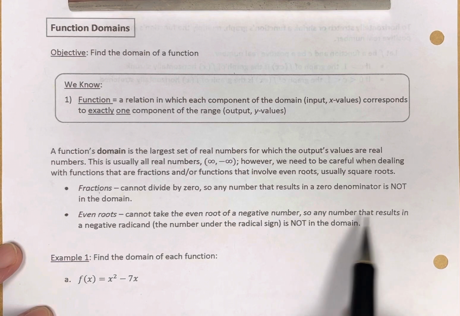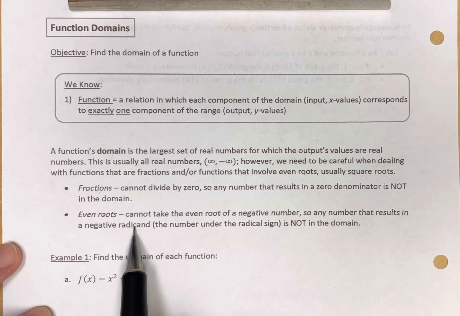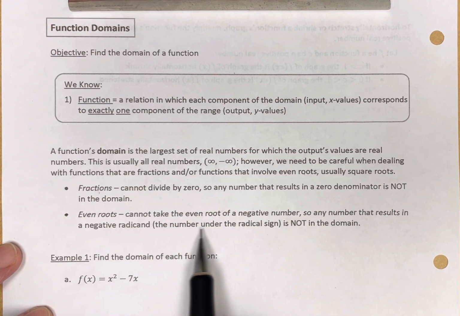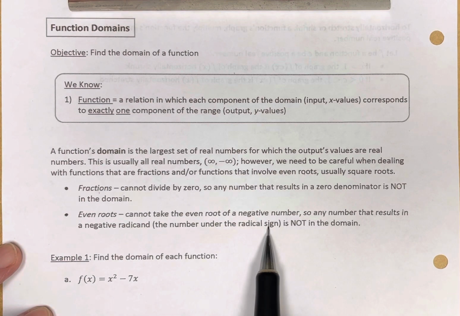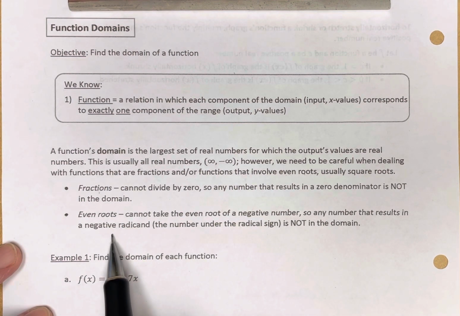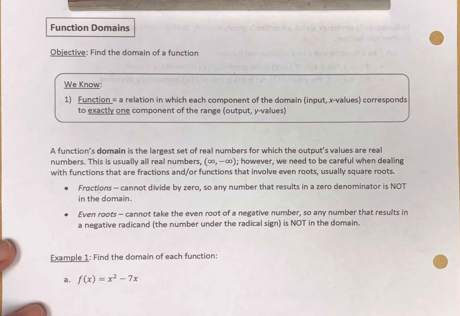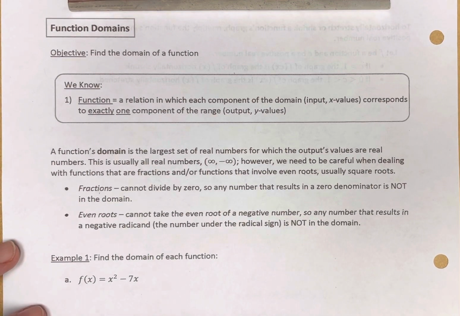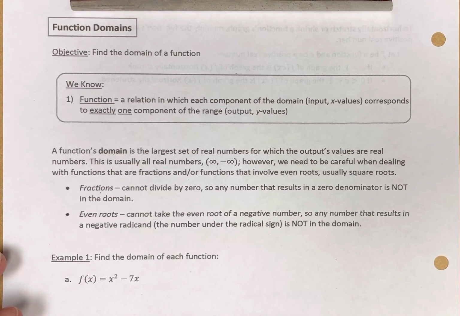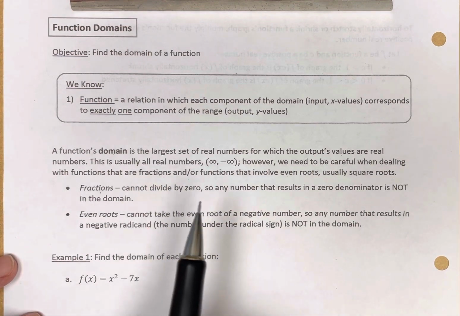So any number that results in a negative radicand, remember the radicand is the number under the radical sign, is not in the domain. Not to fear, we're going to see how this works in some examples.